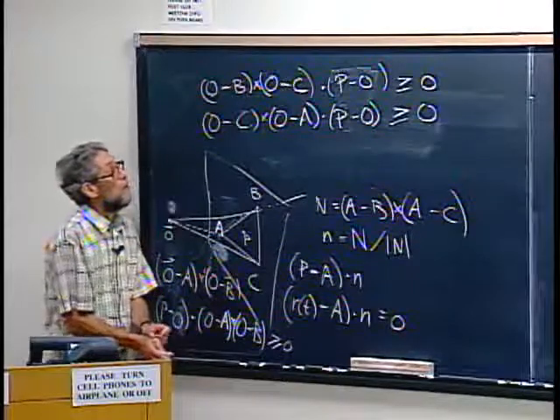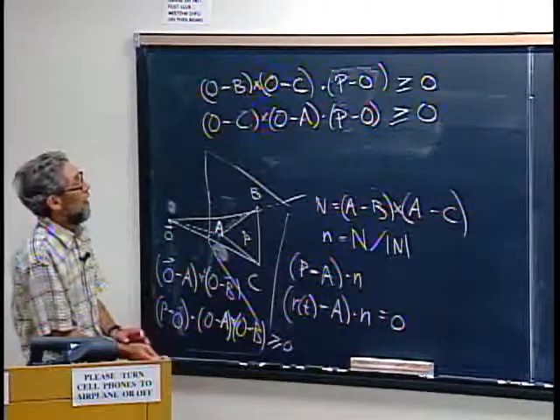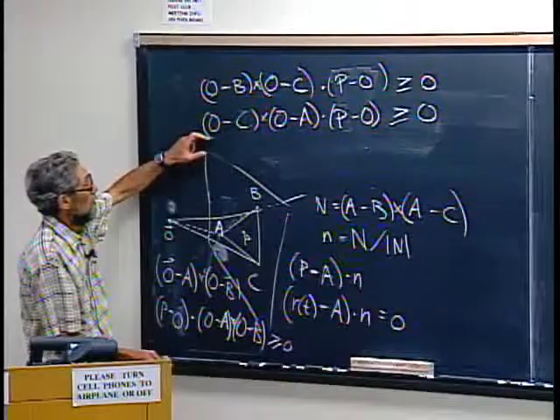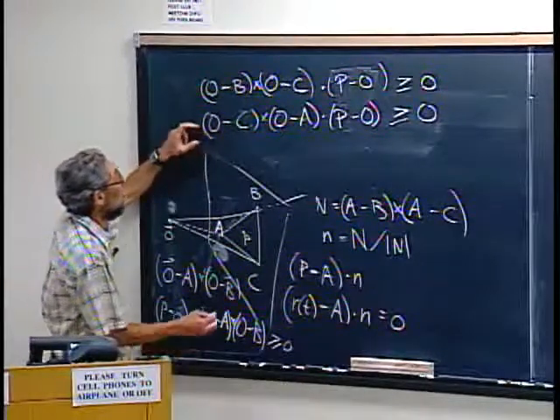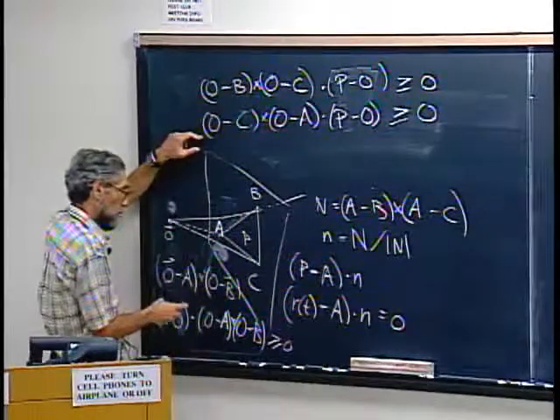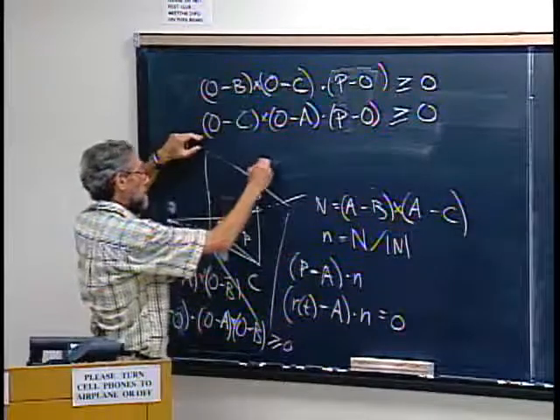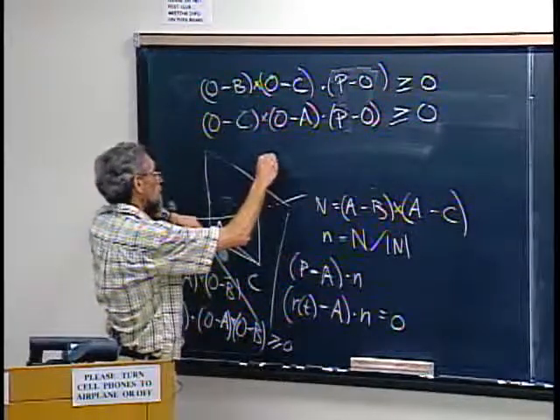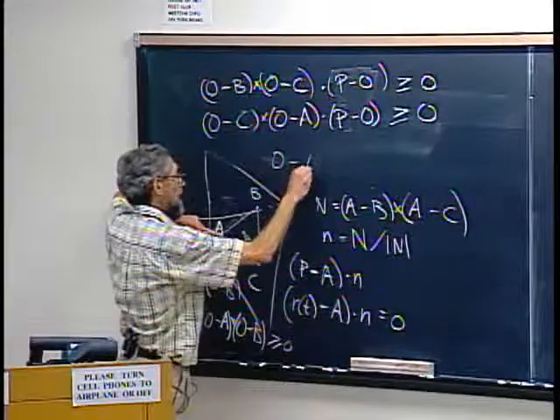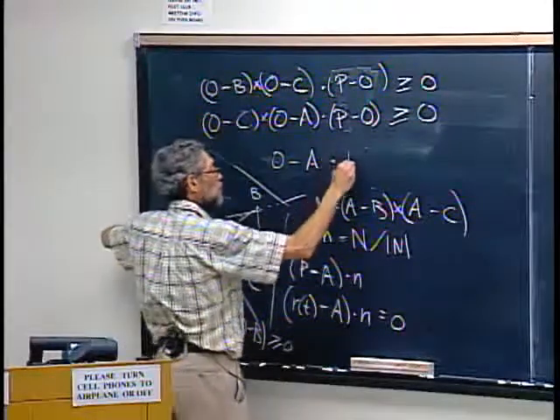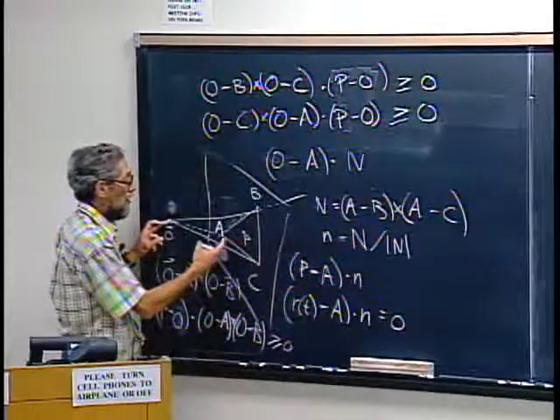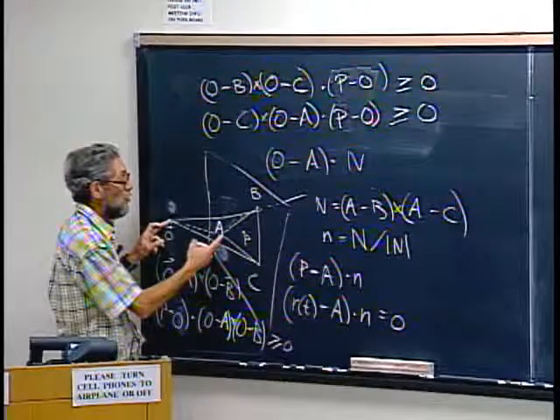So one way to think about that is to say, if we take O minus A dot this normal, or any point on the triangle here, dot the normal, that'll tell us, in this case, it will be negative, right?